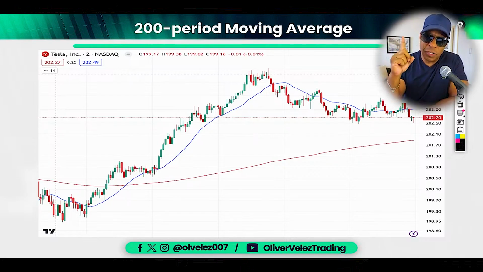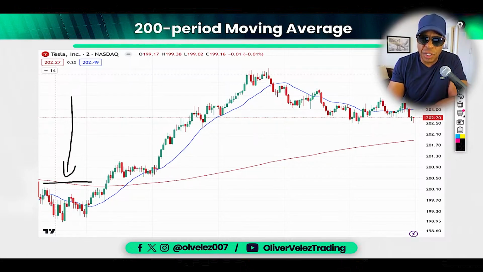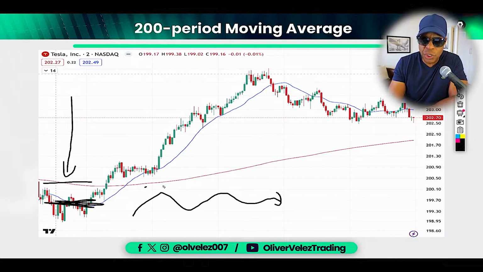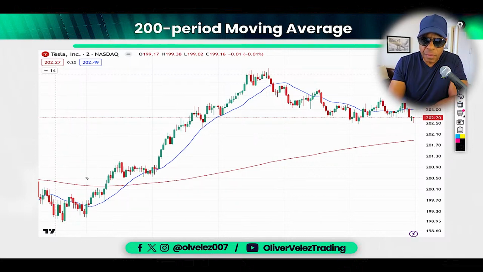Now, there are several things I want to point out about this picture that you're seeing here. I want you to look to the left of the chart, and I want you to realize that the moving averages to the left are relatively flat or wavy. The 20-period moving average is wavy like that, and the 200-period moving average is more flat. All right? That's your state on the left.